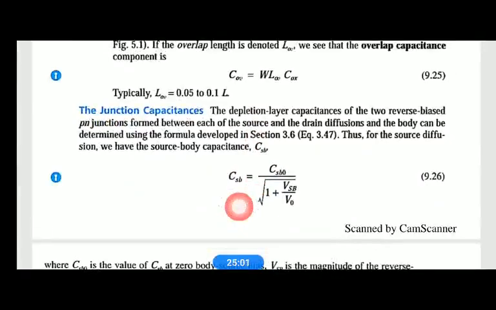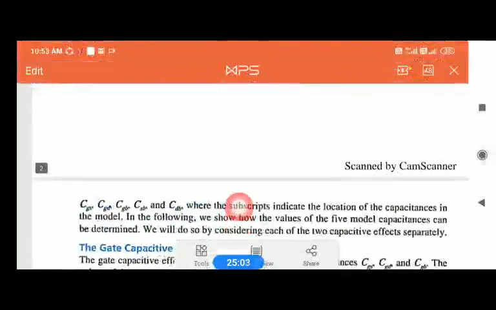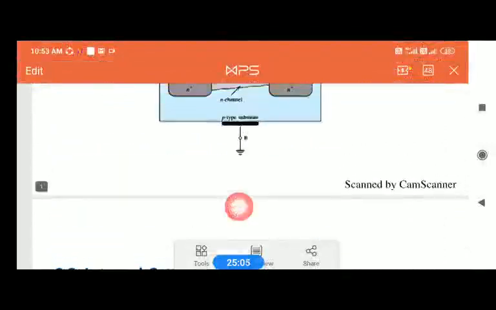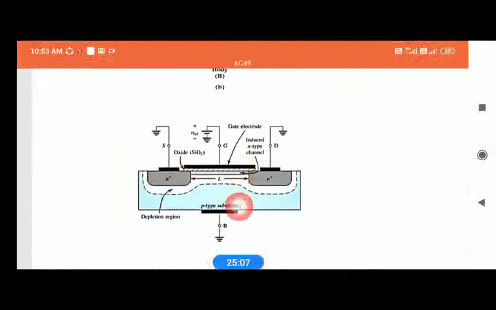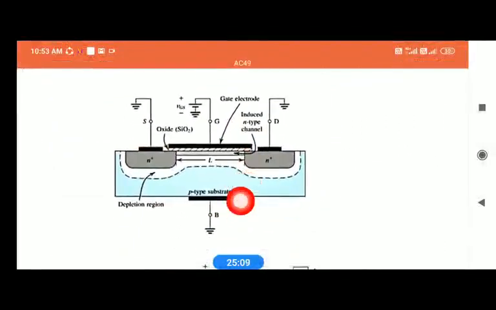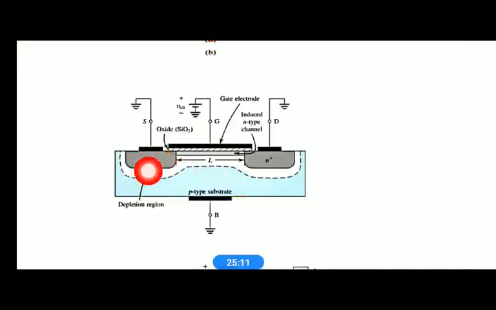Junction capacitance forms as follows. When the transistor is operating, there is a source and body diode, N type and P type, with a depletion region. This forms a diode in reverse bias.